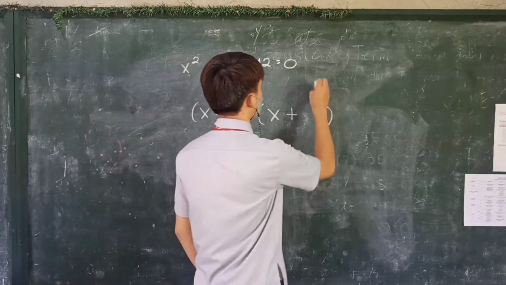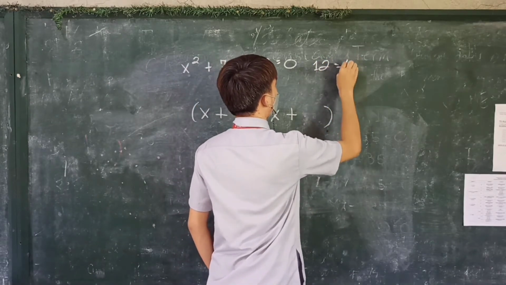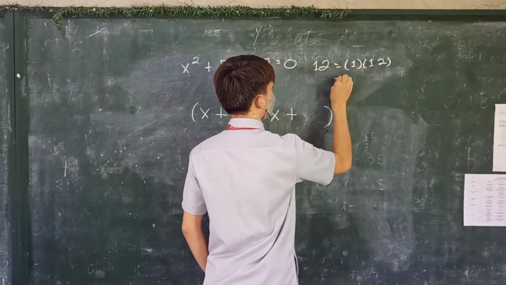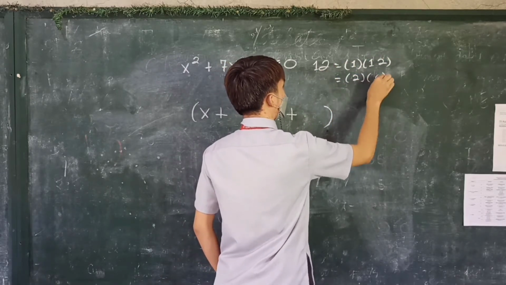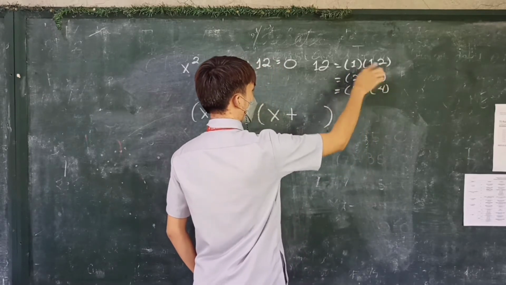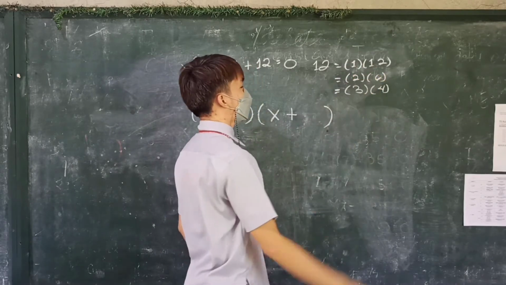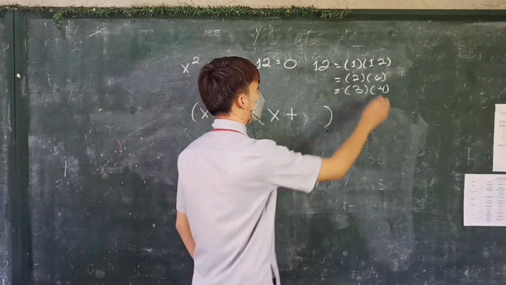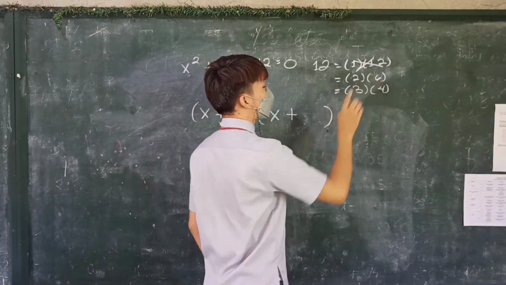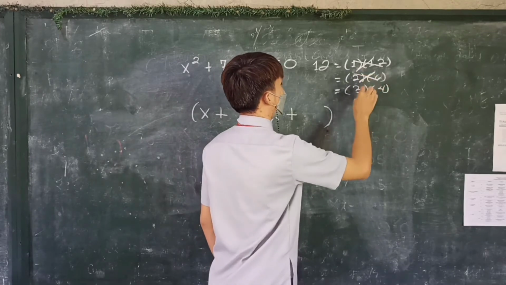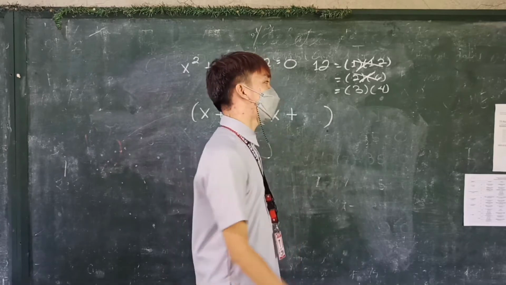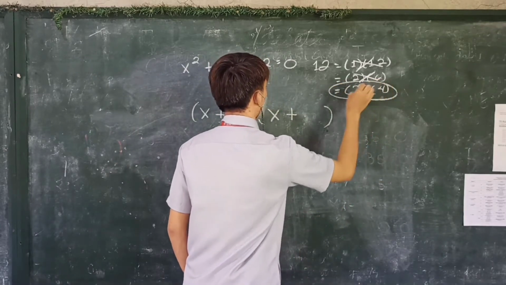For 12, we have 1 and 12, 2 and 6, and 3 and 4. 1 times 12 is 12, but 1 plus 12 is 13, so we can't use this factor. 2 times 6 is 12, but 2 plus 6 is 8. Still not. 3 times 4 is 12, and 3 plus 4 is 7. So we can use 3 and 4.